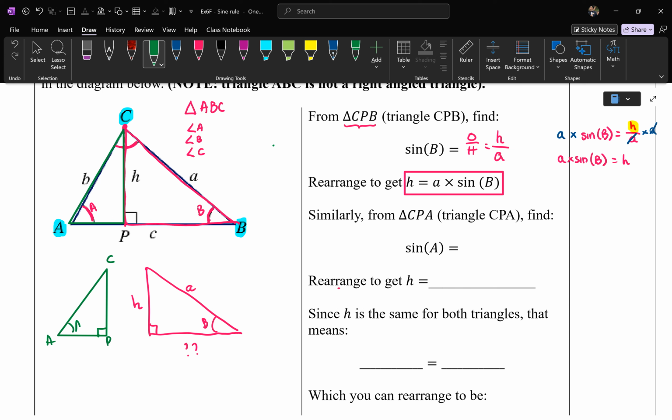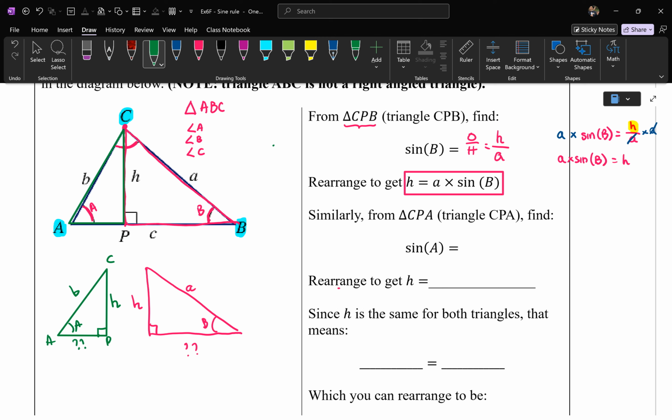I know this is angle A. I know this is the height again, which is the same h value. I know this is the b length, but I still don't know what the adjacent side, A to P, is.